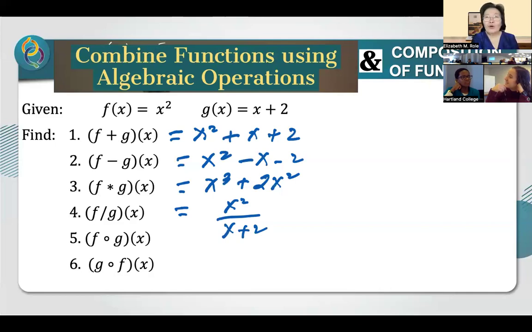Let's do composite. Maybe you can write it down first. Okay, we can put the symbol. So it means that your f o g of x will be now f of g of x.